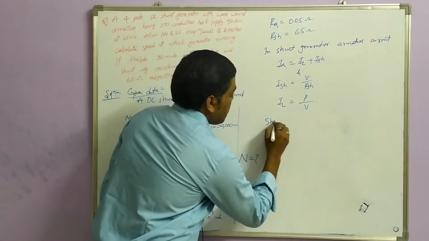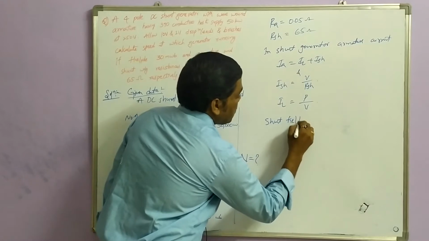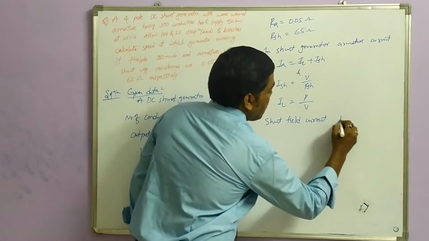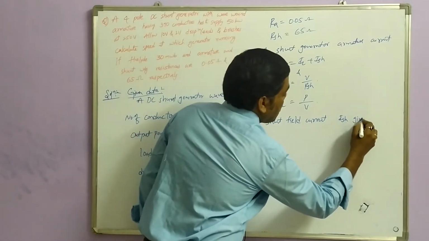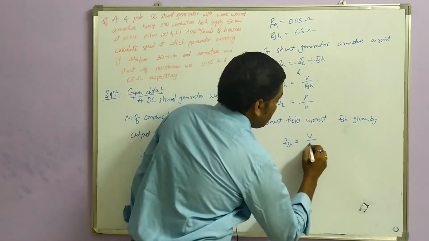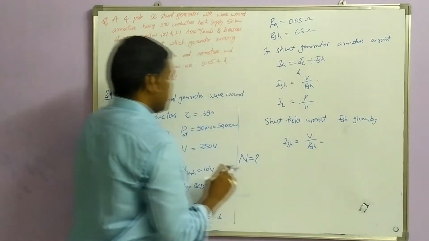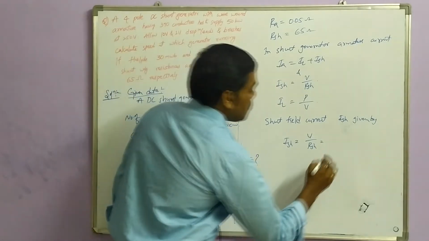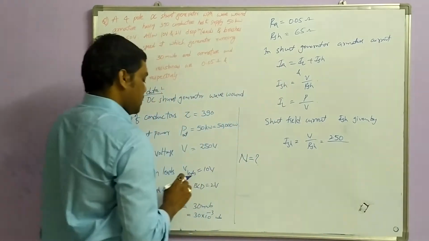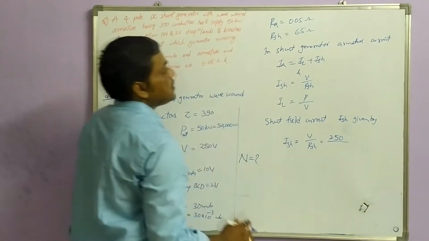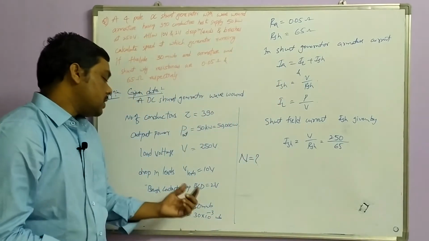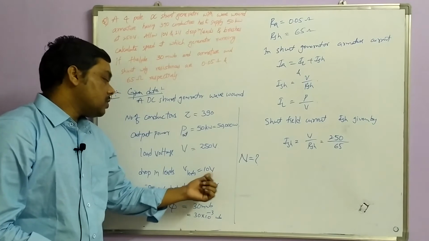Now we will get IL and ISH so that we can calculate the armature current. Now the shunt field current ISH is given by V by RSH. What is the V value here? It is 250 volts. And the shunt resistance is 65, but we are going to add the leads drop, which is 10 volts.